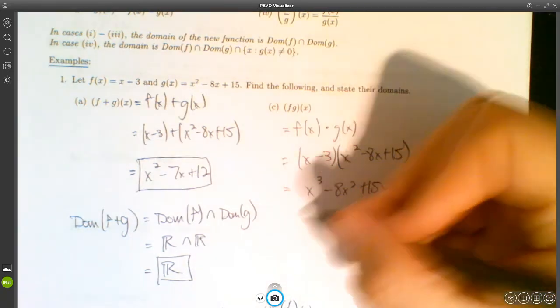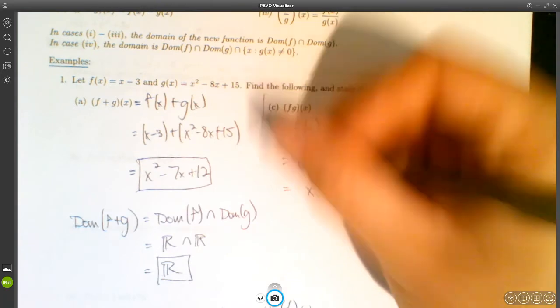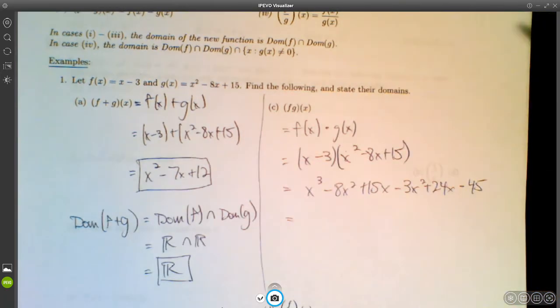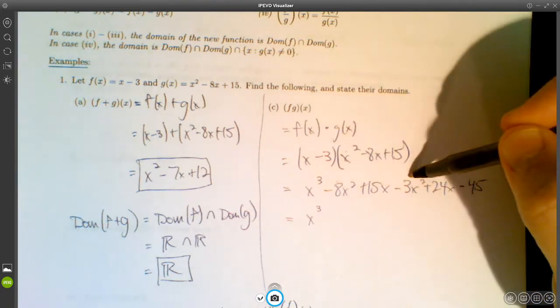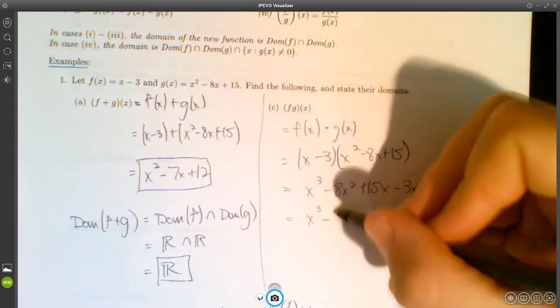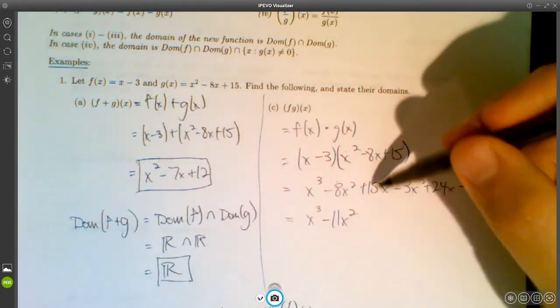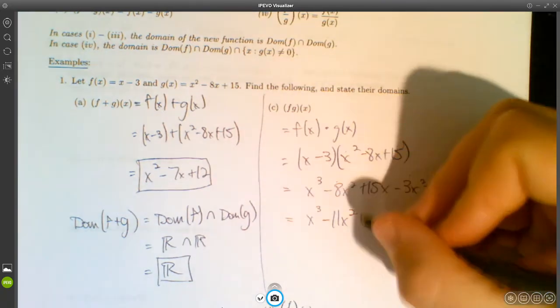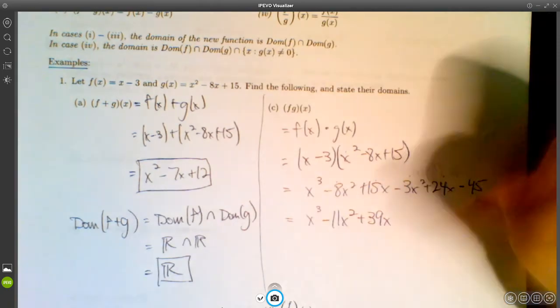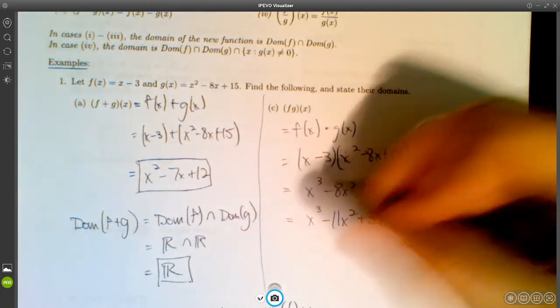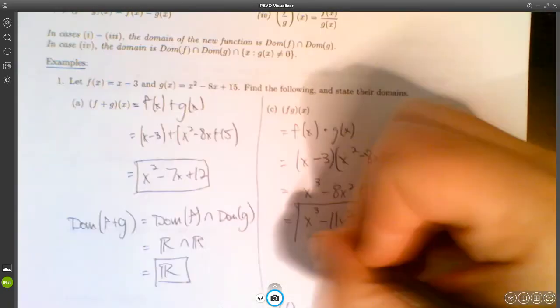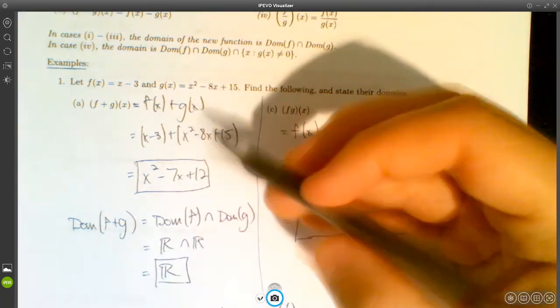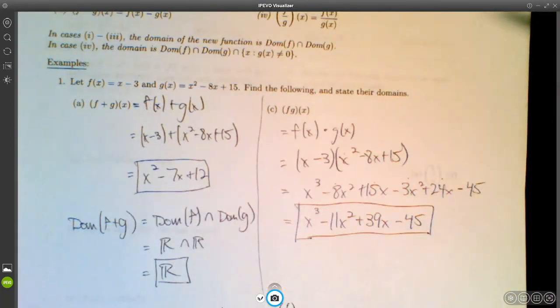And let's collect our like terms. We've got an x cubed. We have a negative 11x squared. We have a 39x, and then a negative 45, and that's it. Okay, the domain of f times g is the same as the domain of f plus g and f minus g. It's all reals.